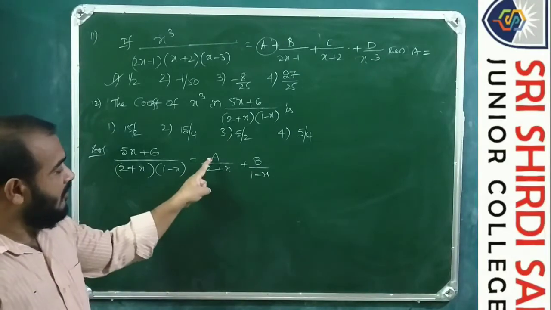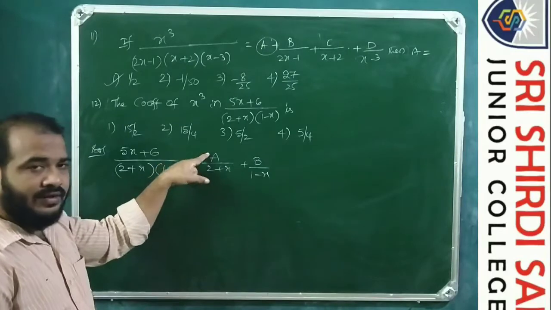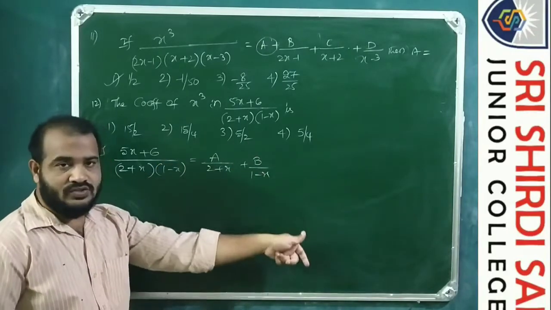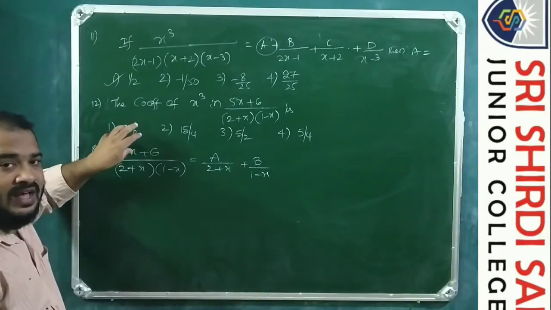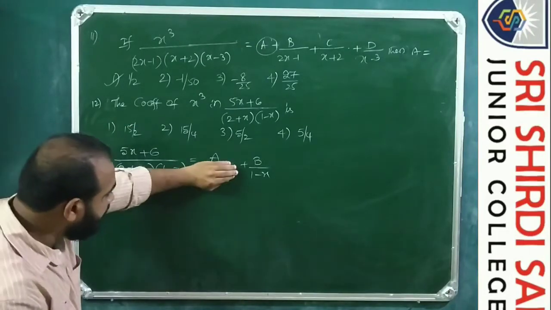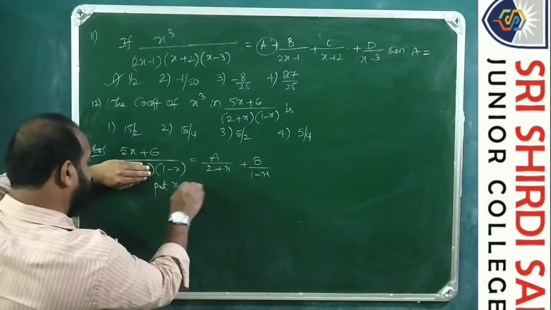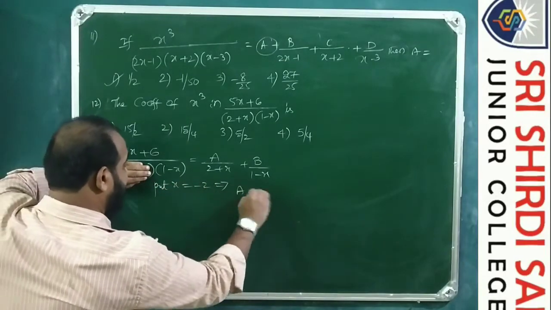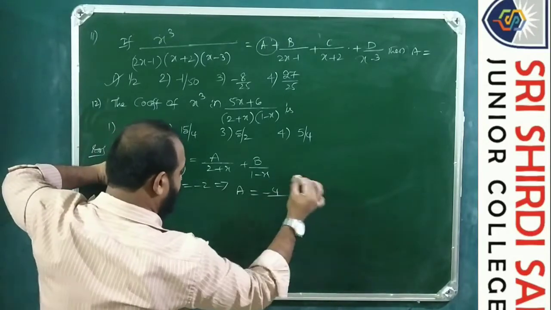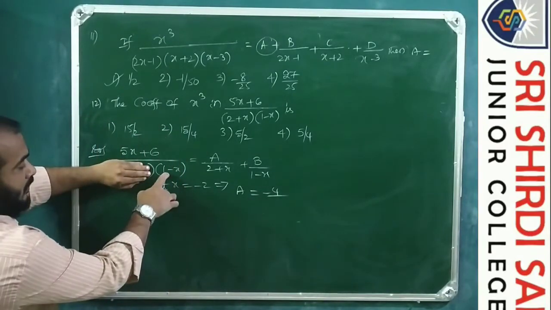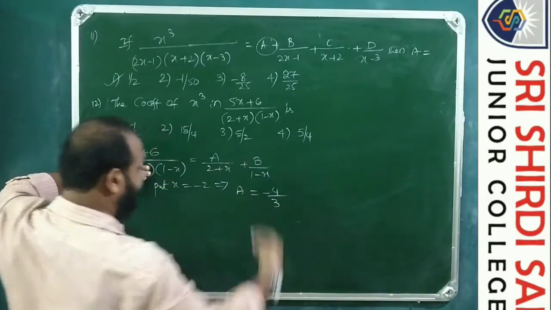To obtain the value of a, the denominator under a is equated to 0. 2 plus x equals 0, x equals minus 2. That minus 2 you substitute in the LHS covering this 2 plus x. So put x equals minus 2. So a is equal to 5 into minus 2 minus 10 plus 6, minus 4, by 1 minus of minus 2, 1 plus 2 is 3.